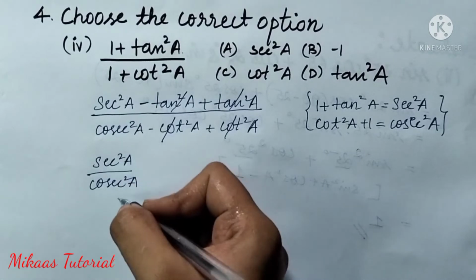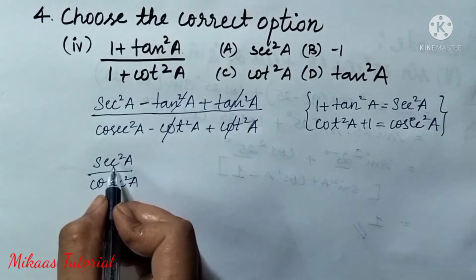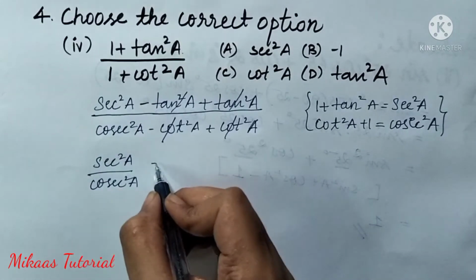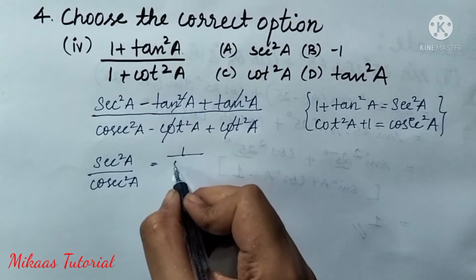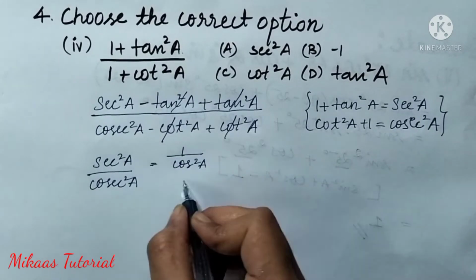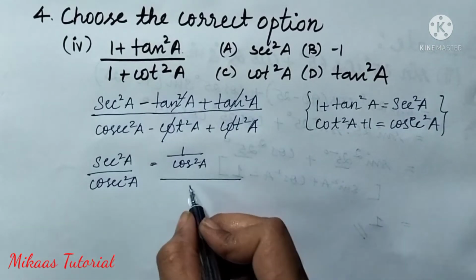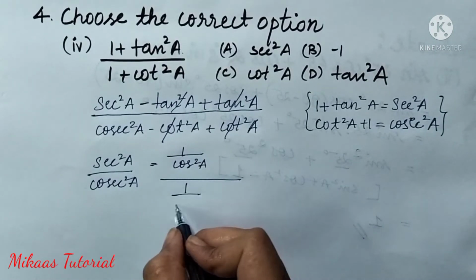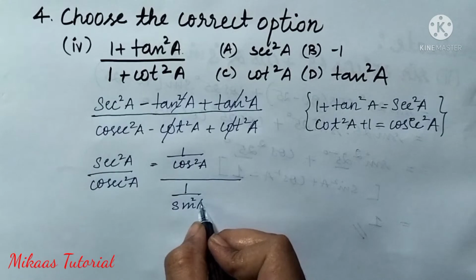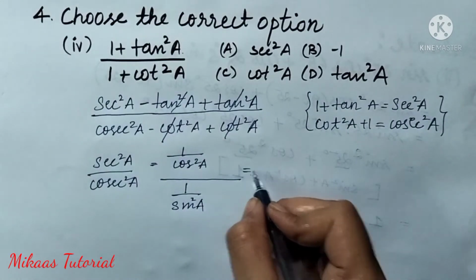Now we don't have any other formulas to convert this. Now you can change this secant square in terms of cos, that is 1 by cos square a. In the same way, this cosec we can change into sine, 1 by sine square a. So now convert this.